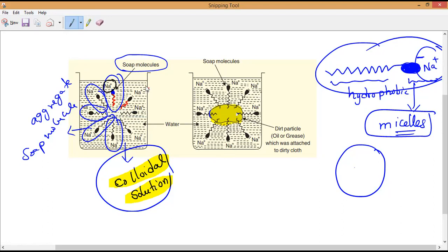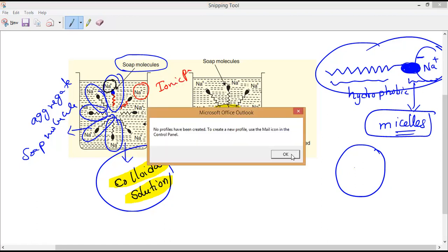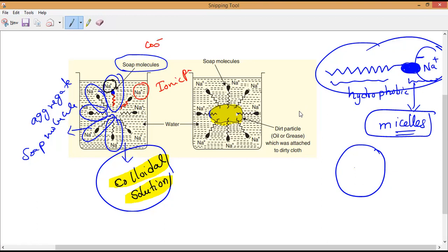Now, this part is ionic because it contains COO minus Na plus. The entire thing is called the ionic part. So the ionic part is always outwards, and the hydrocarbon part is always directed towards the center.